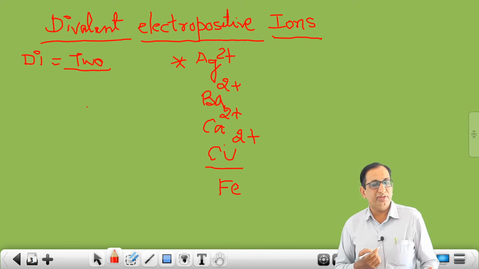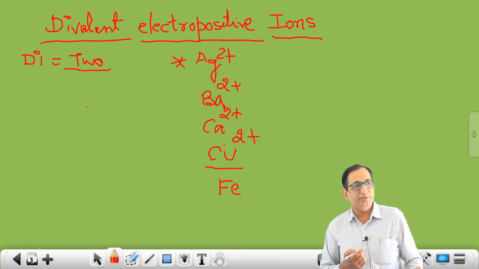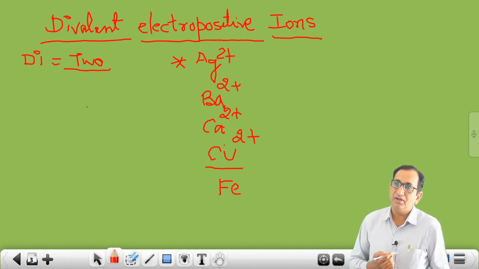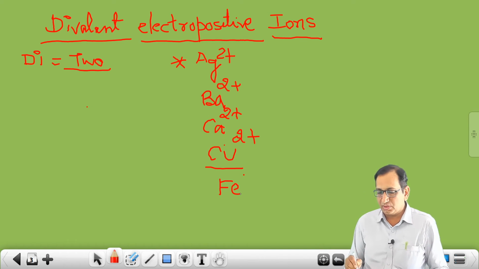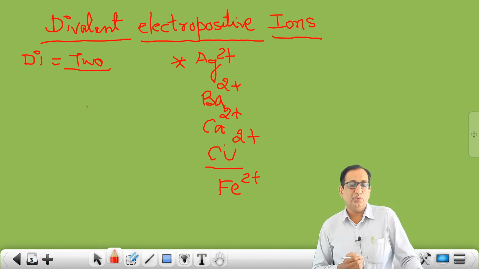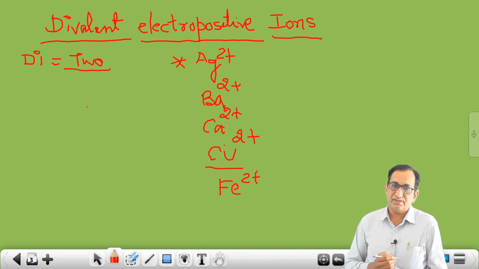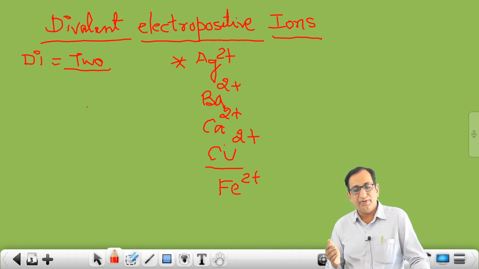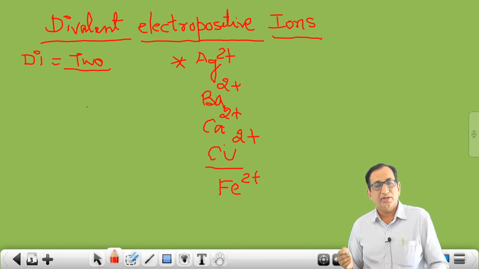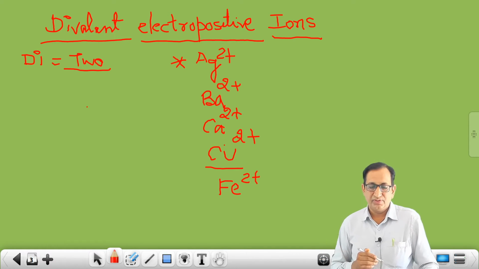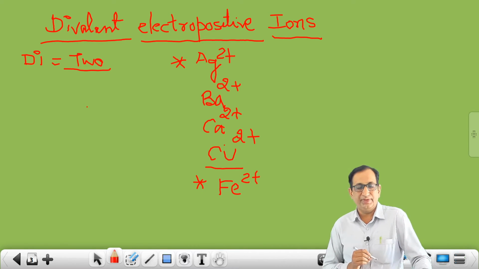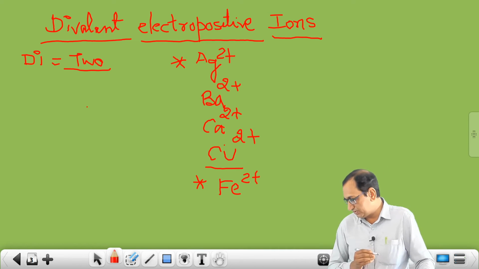Earlier in monovalent electropositive ions we showed that iron has variations in the valency. So here iron has 2 plus charge. The Latin name of iron is ferrum, so ferrous. If valency is lower we say ferrous, and if it is higher, then we say ferric. So variations are there in the case of iron also. Many variations are there, so you have to learn this very carefully.